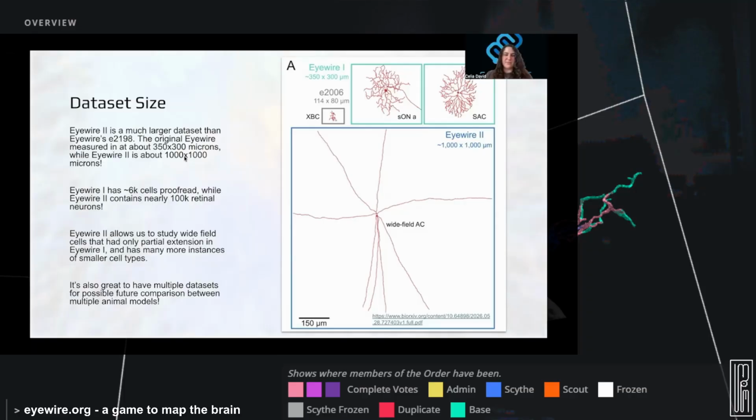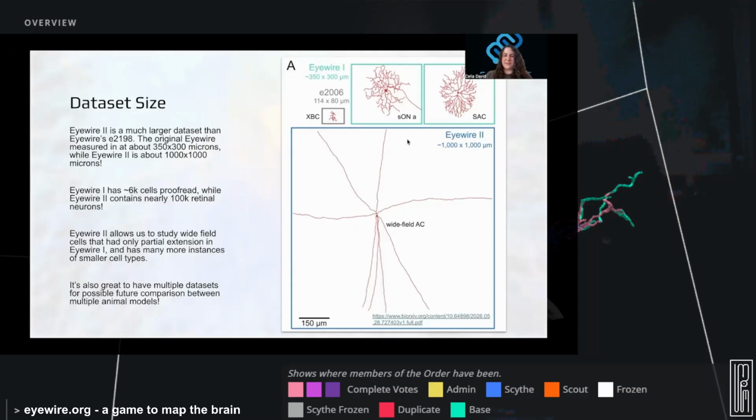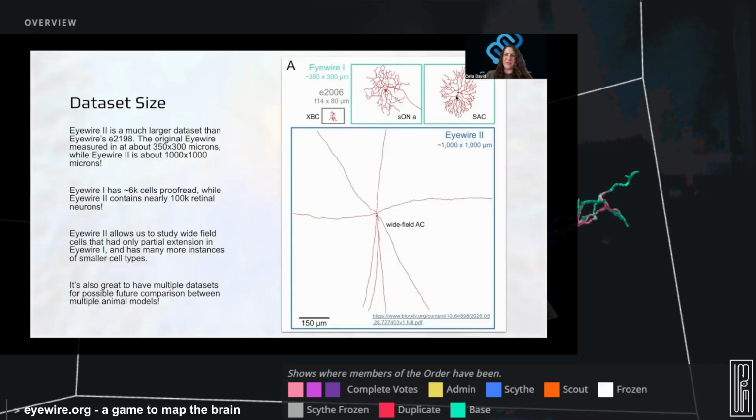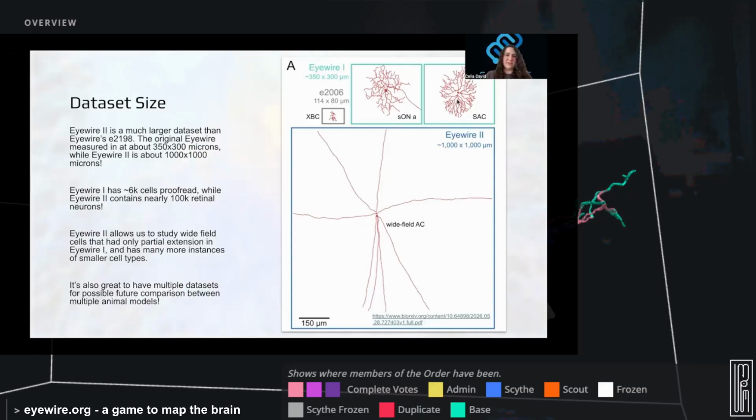And because we're not working in the cube system on EyeWire 2, the AI is much more powerful and is able to reconstruct much more of the cells at once. And then we're also able to get much more of a visual on these big wide field cells, like this example one here, and then also a lot more examples of some of our smaller cells, like this starburst cell that you're seeing here.